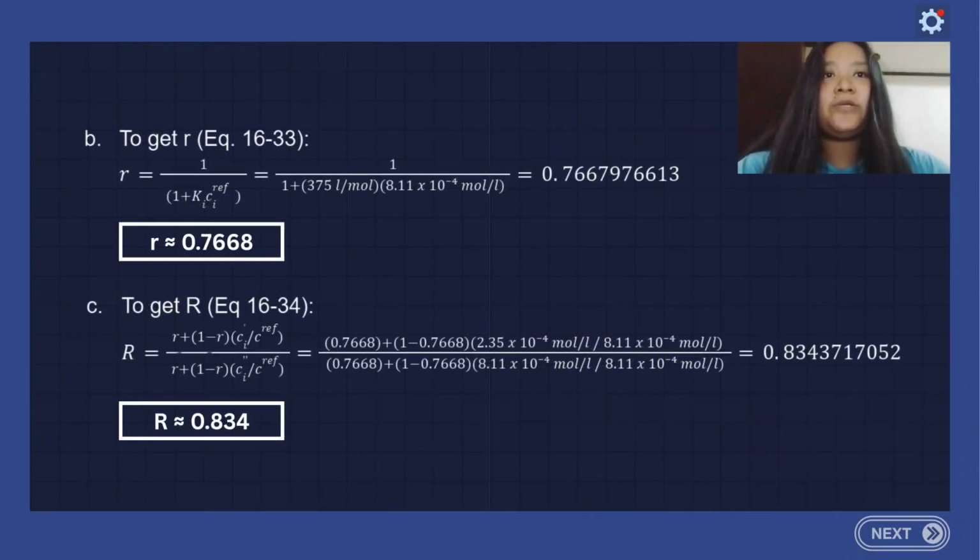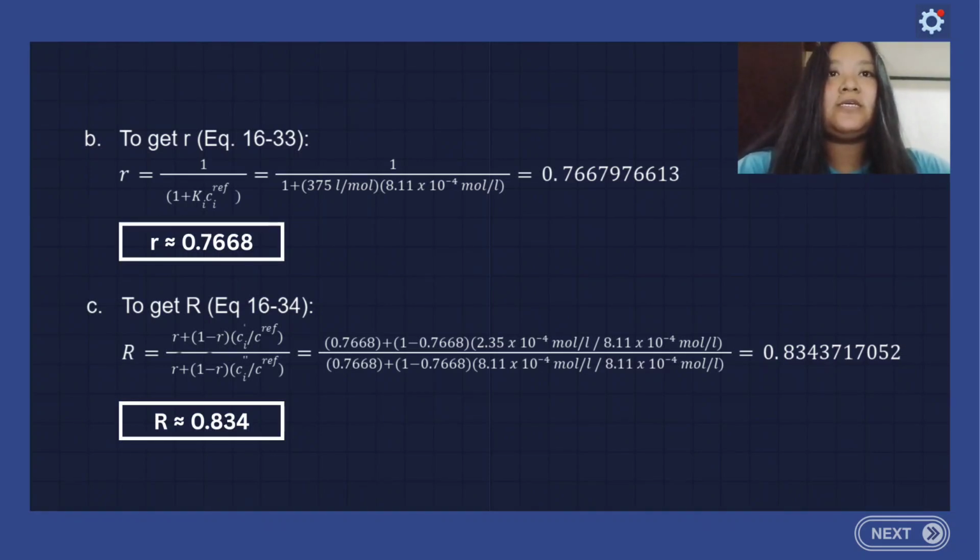To get the separation factor based on equation 16-33, R is equal to 1 over quantity 1 plus K sub I times concentration, which is 1 over 1 plus 375 liter per mole times 8.11 times 10 raised to negative 4 moles per liter, which is approximately 0.7668.